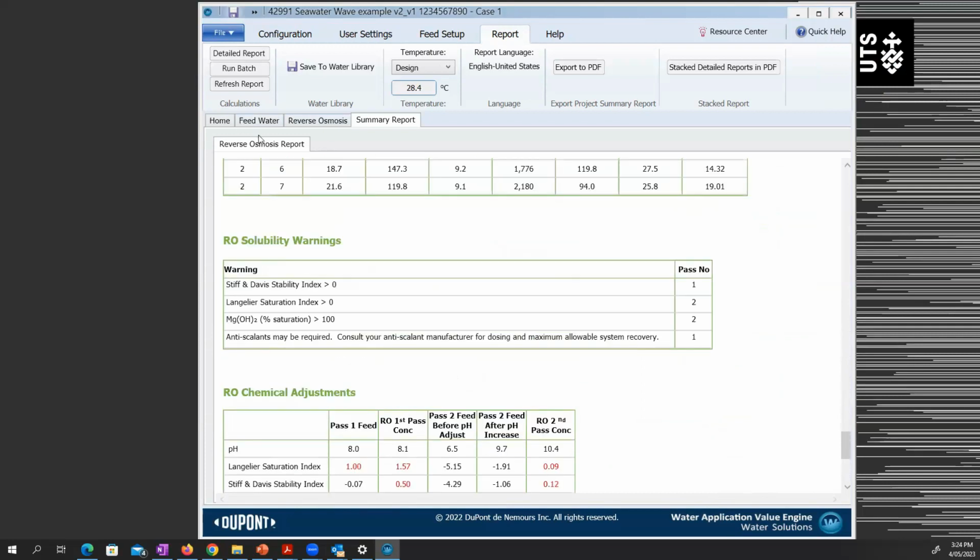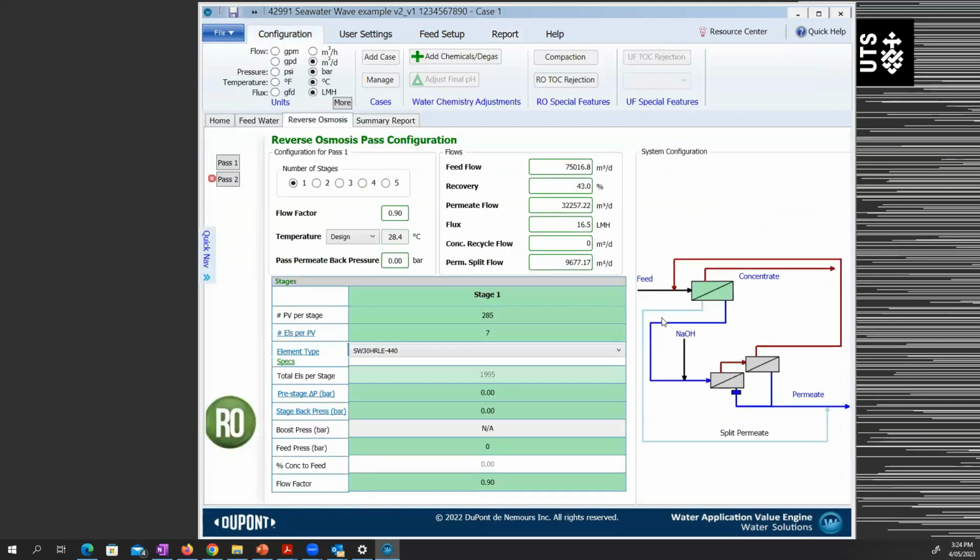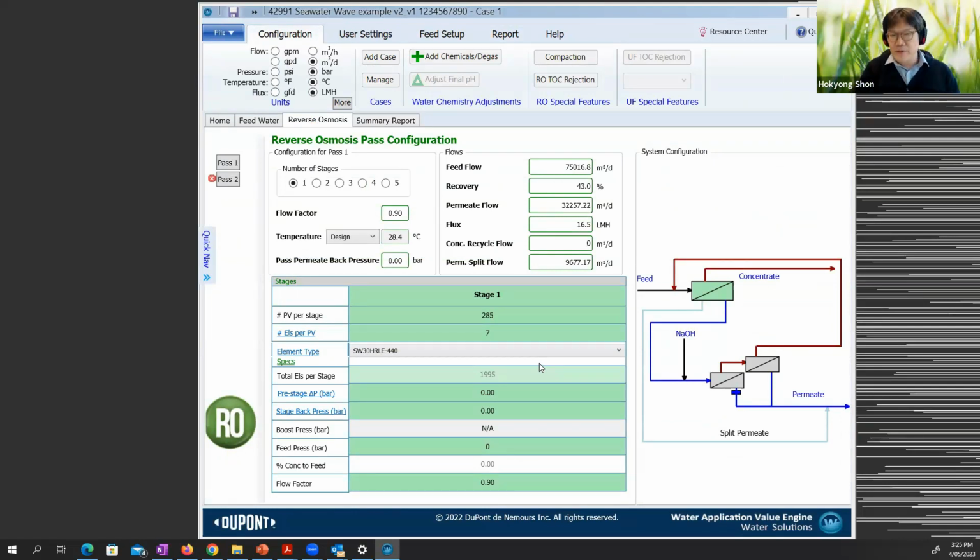Do we have to determine those operating parameters to suit the required permeate flux? That's a very good question. In fact, for this pre-stage and stage back pressure, you don't have to worry about it much, because if it is set as you designed, you can utilize it as it is and then show it in the diagram.